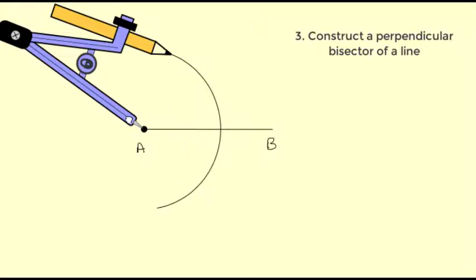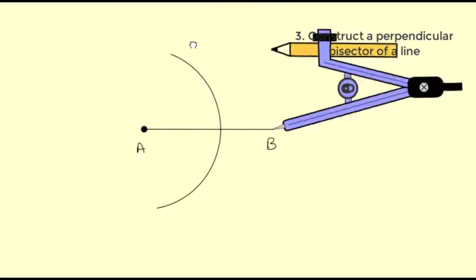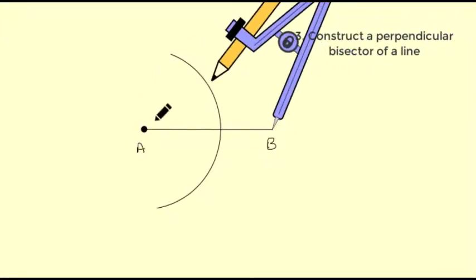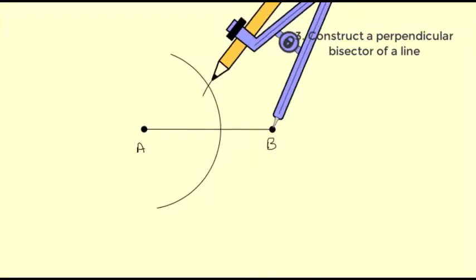All right. Now let's move and position the metal end at the other point of the line segment, meaning position it at the point B. And then one more time, create an arc such that you are able to intersect the arc that you drew in step 1. Okay, just like what we are showing here.